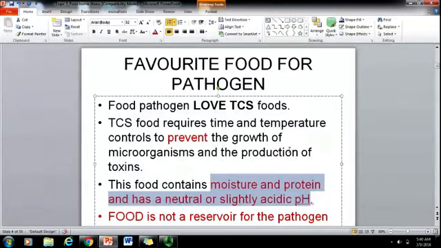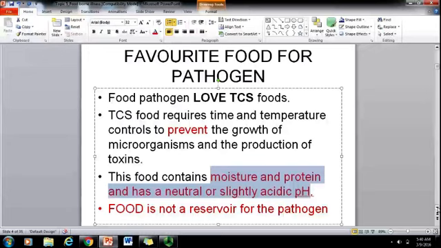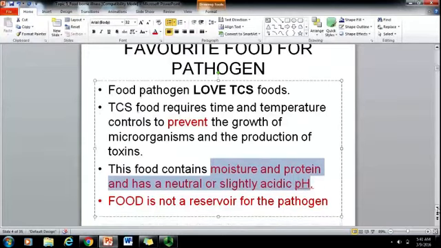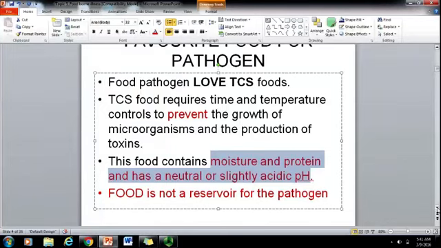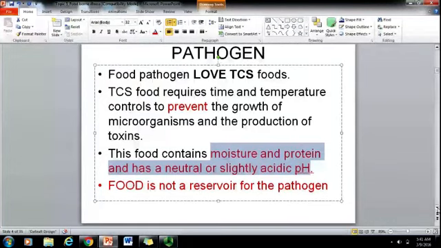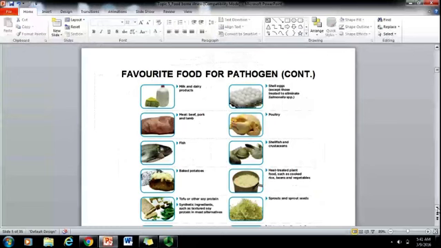Okay, we will look into it when we come to the subsection on the factors that prevent microbial growth. Okay, so you have learned about TCS food. Now let us see what are examples of TCS food.